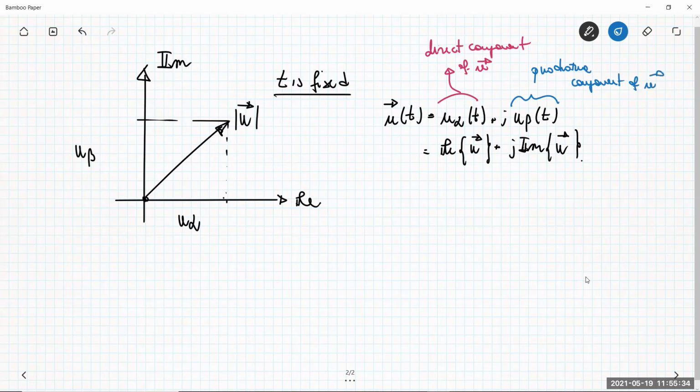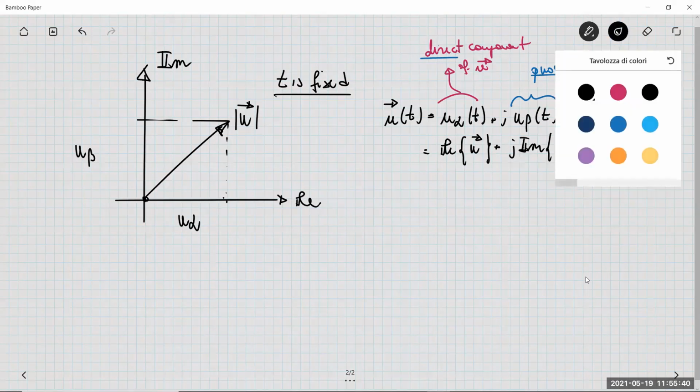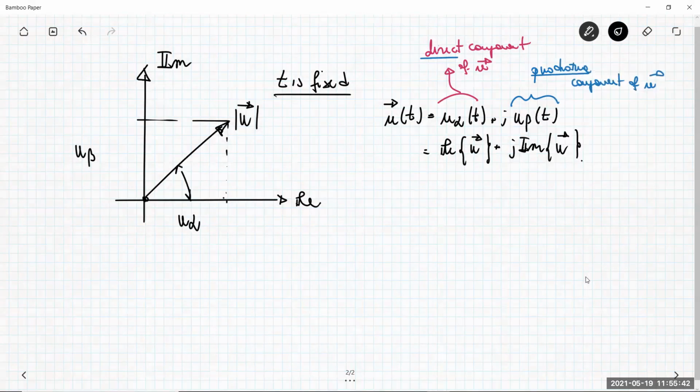Okay, so direct and quadrature component, the real and imaginary part of this space vector. So this angle here is simply given by the arctangent of the imaginary part with respect to the real part.